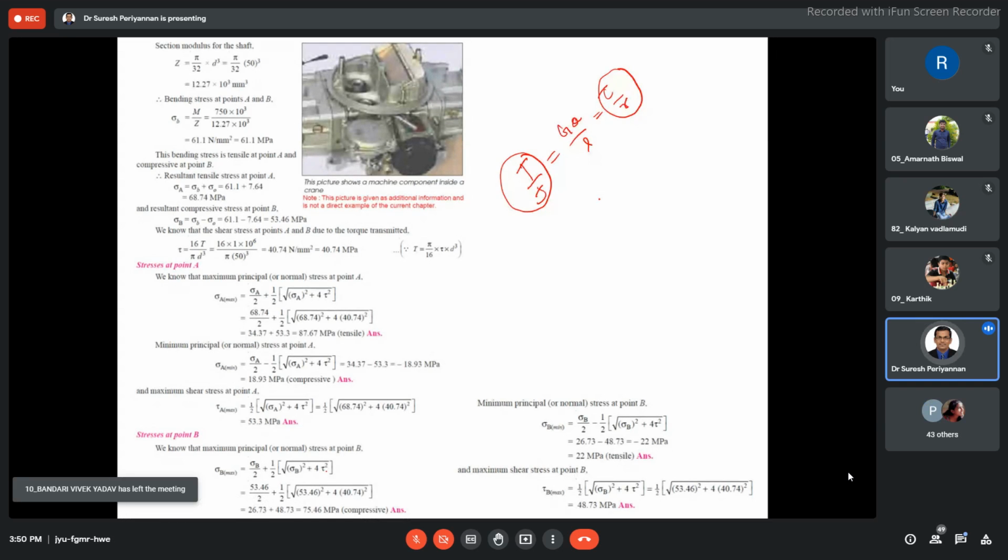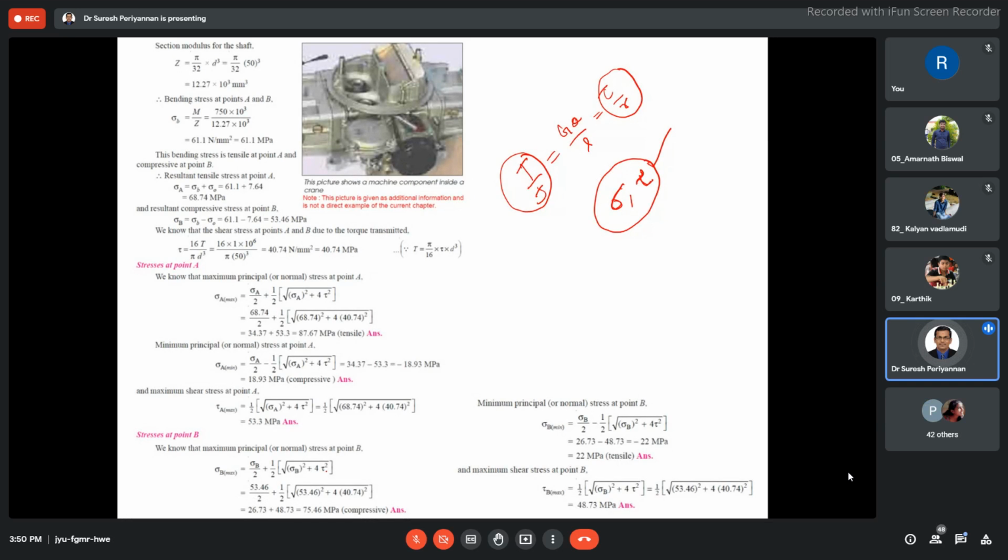Two components, sigma and tau, are present. Then we have to go for the principal stress theory concept. When tau and sigma are both acting, we have to use the principal stress theory to find the maximum principal stress and minimum principal stress. Hence we are coming to that concept.